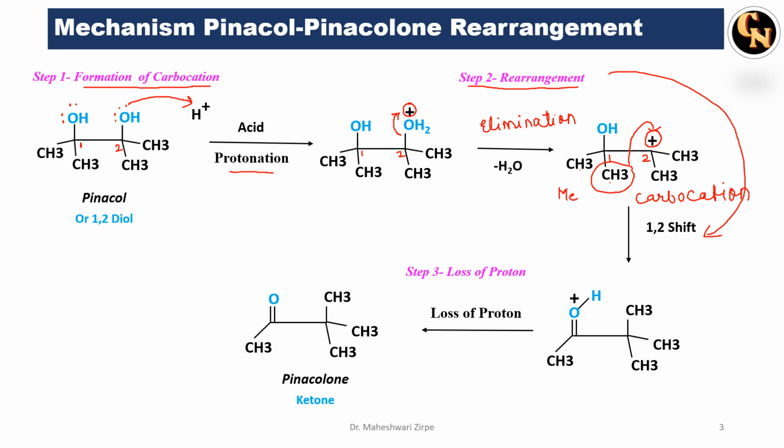Now this shifting will not occur on its own. How the mechanism takes place: the electron pair of oxygen will shift here, and it will push CH3 to go onto the carbocation which has formed, to neutralize the plus charge.